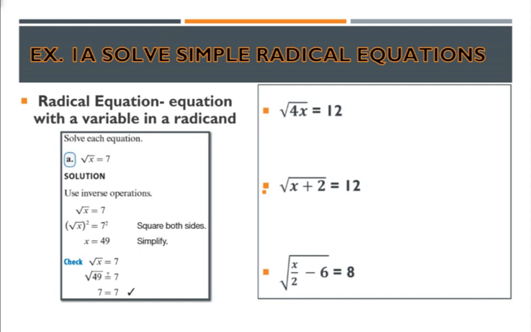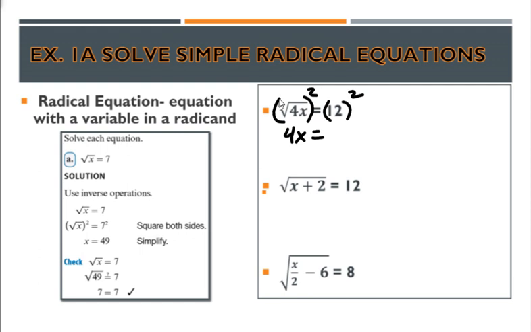Solve simple radical equations. So I have the square root of 4x equals 12. I cannot do anything with 4x until I get rid of the radical symbol, and to undo the radical symbol, I need to square that side. That gives me 4x. But whatever I do on one side, I must do also on the other.